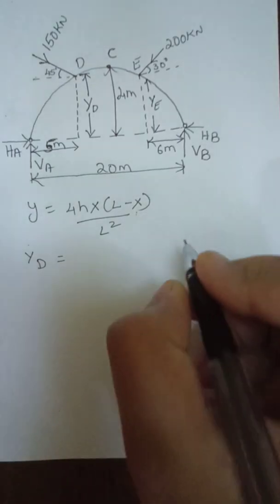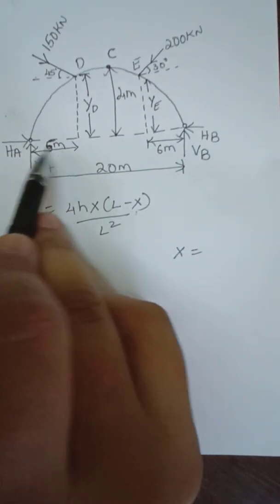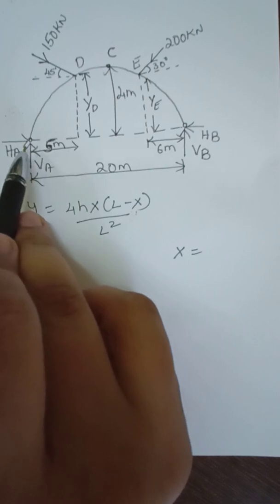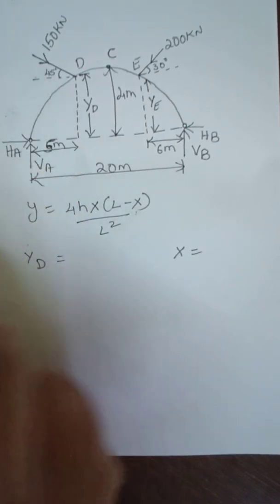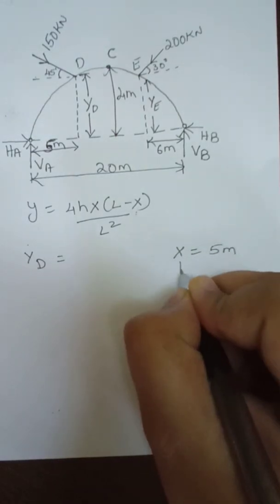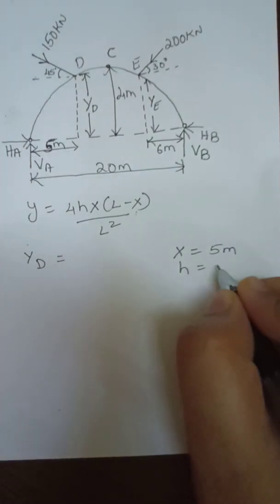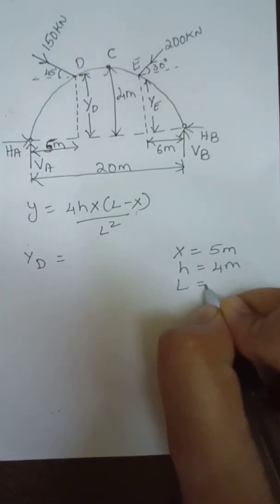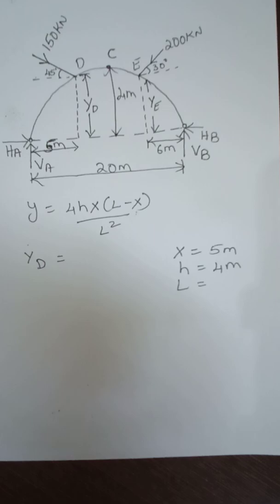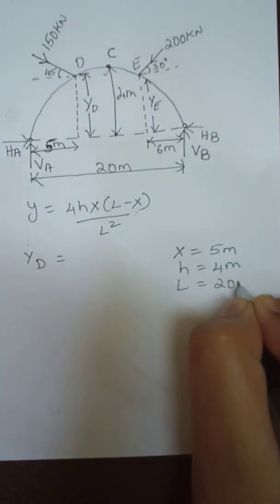So for YD, x is equal to 5 meters, the distance from the left-hand side support to the loaded point. h is the rise, equal to 4 meters, and L is the overall span, the distance between the two supports, which is 20 meters.